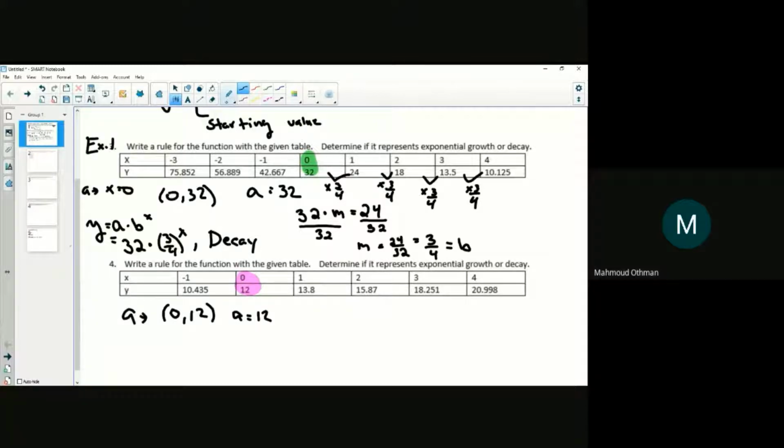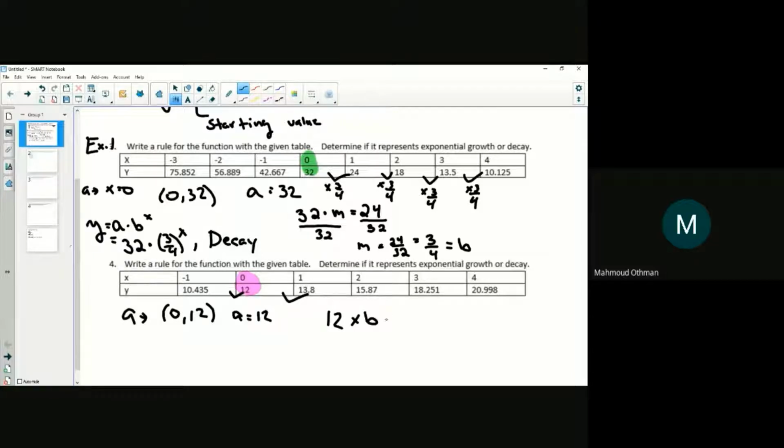Now I need to figure out my function rule. So how do I get from 10.435 to 12, from 12 to 13.8. So 12 times a number, we'll call this number b.